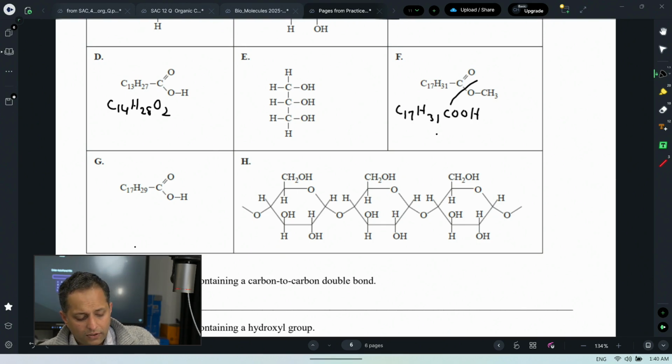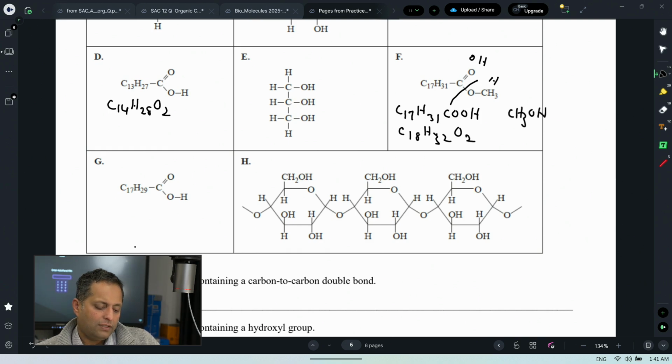The alcohol, because you have to put the H here and OH here, is methanol. That's simple. Now in this case, what's that? C18H32O2. For that to be saturated, it has to be 36, isn't it? So we got only 32.